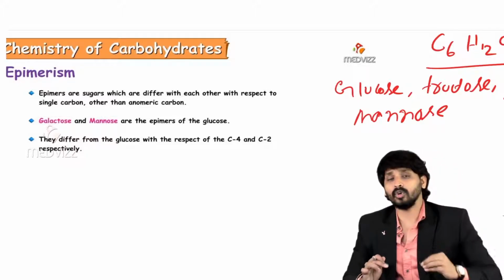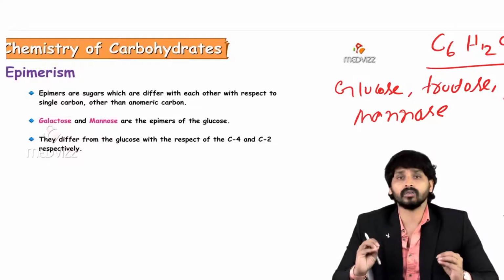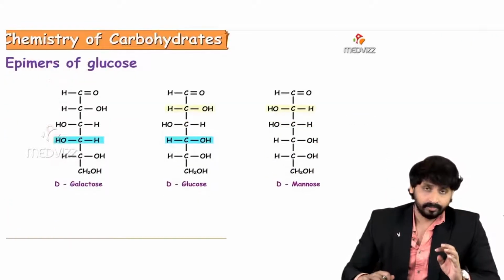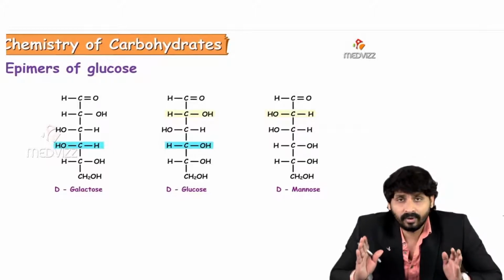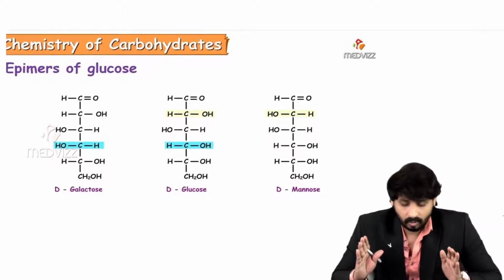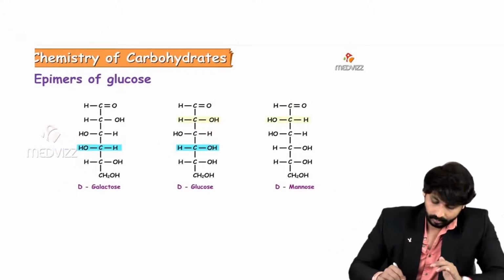Okay, so the beautiful example I can give here is galactose and mannose. Galactose and mannose differ from each other at the C2 level.